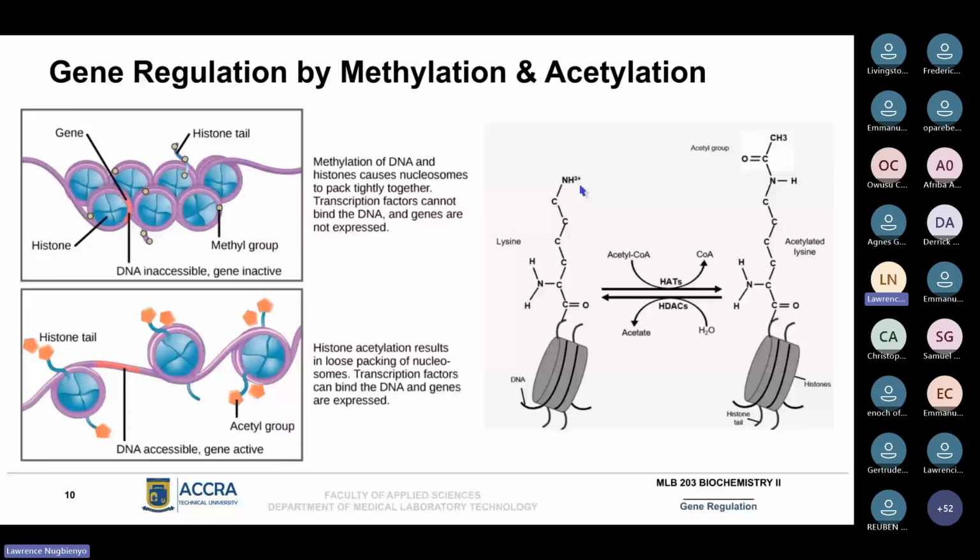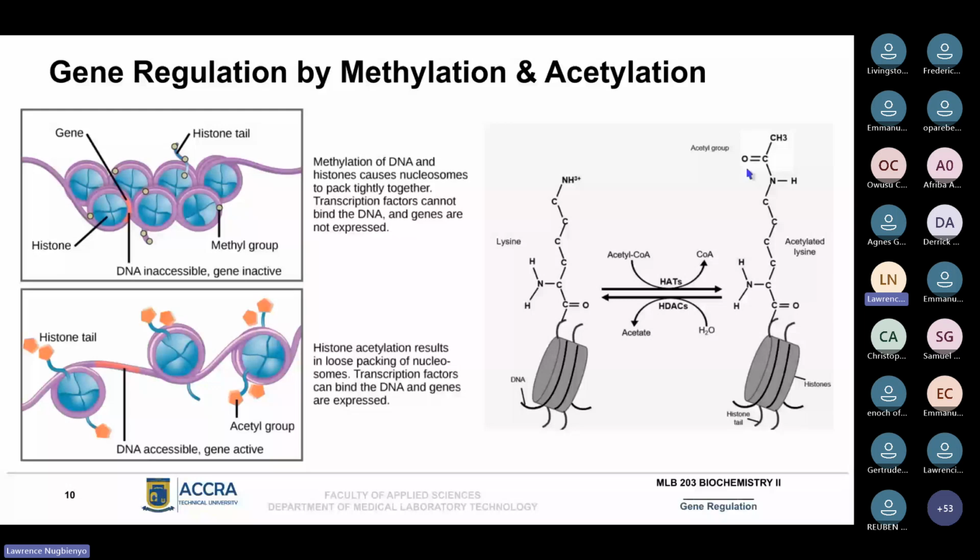Now, this is the acetyl group, which has 2 carbons, so you have a C double bond O with CH3. So this is the acetyl group, which is being shown here.